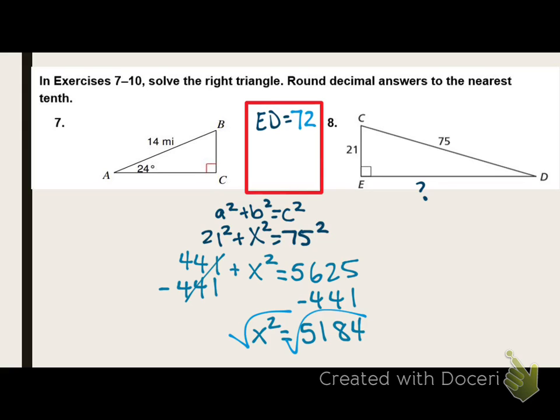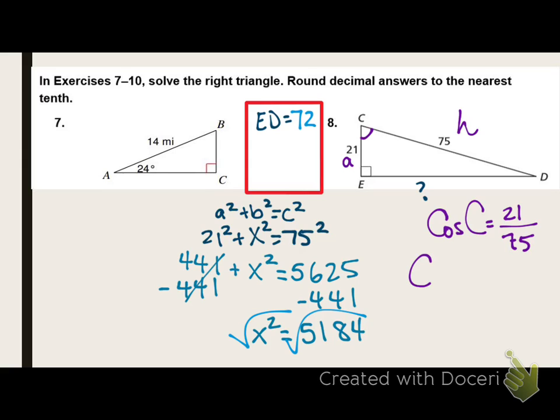Which angle would you like to solve for first? C sounds good. From C, what kind of side is 21? Adjacent. What kind of side is 75? Hypotenuse. So which trig ratio will we use? Cosine. Cosine of C equals the adjacent, so 21 over the hypotenuse, 75.